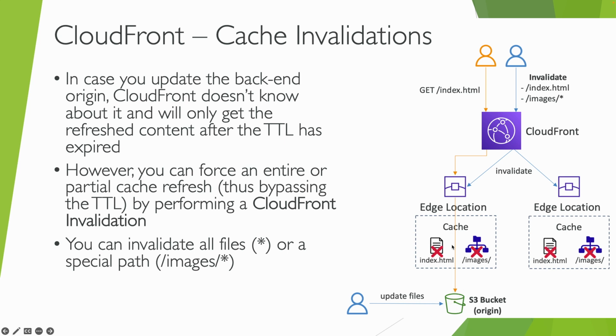It will pick the new index.html and images and serve the user, and it will also keep the new index.html and images in the cache. This is how we can forcefully remove the data from the cache and update the new files in the cache. You can invalidate the cached data in the edge location and force it to pull the new data from the origin. This is how cache invalidation works.